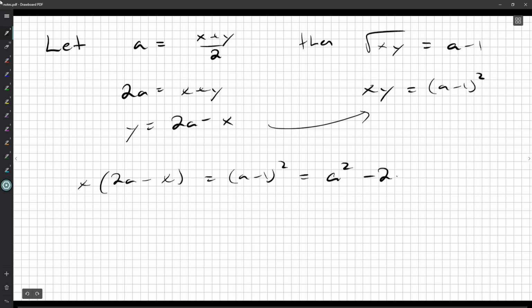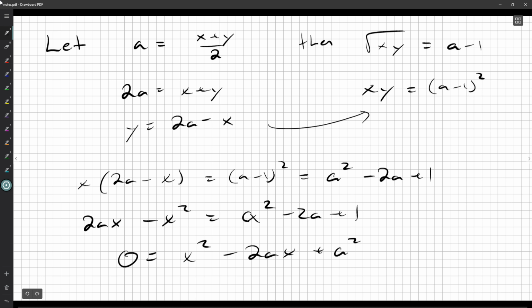So that's A squared minus 2A plus 1. And then we can expand over here, 2Ax minus x squared. Bring everything over to the one side, x squared minus 2Ax plus A squared minus 2A plus 1. Well, that's got to be 0.